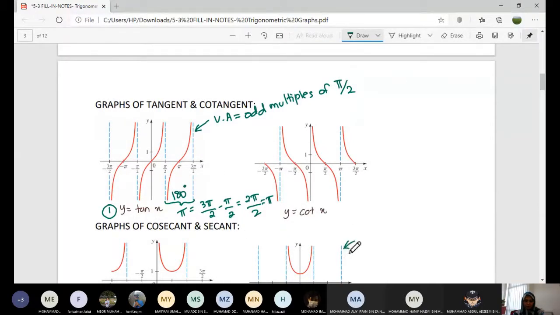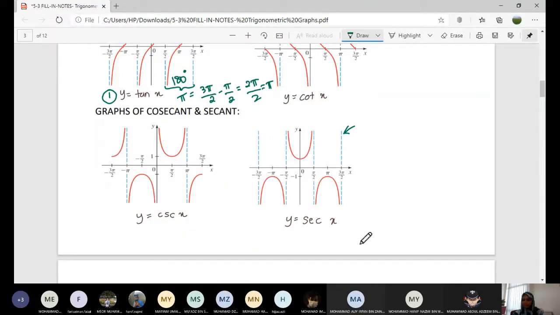You can write there VA, odd multiples of pi over 2.